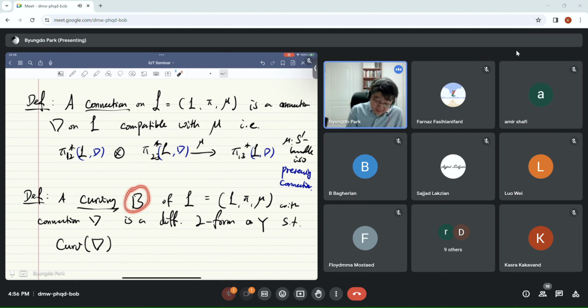This B lives on Y, and then you pull back using pi 1 pullback and pi 2 pullback, projecting to the first copy and the second copy. So pi 2 pullback of B minus pi 1 pullback of B equals the curvature. And that should be satisfied. So that's a curving.